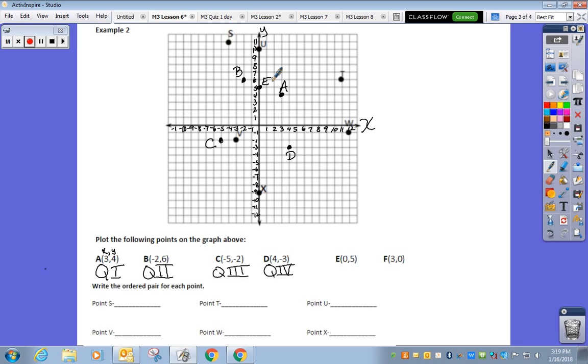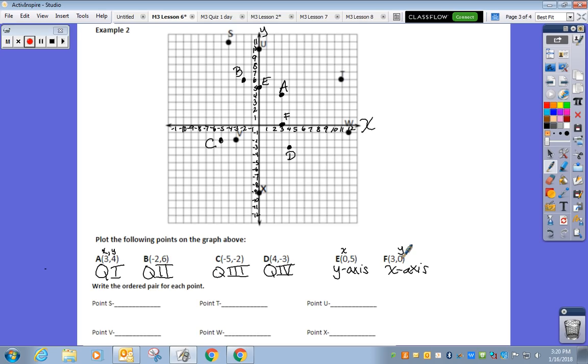So that means that E is on the y-axis. So if your x coordinate is 0, it's on the y-axis. Point F is 3, 0. So starting at the origin, I would move over to positive 3, and I wouldn't move up or down any. So that means point F is on the x-axis. So if your y coordinate is 0, your point is going to be on the x-axis.